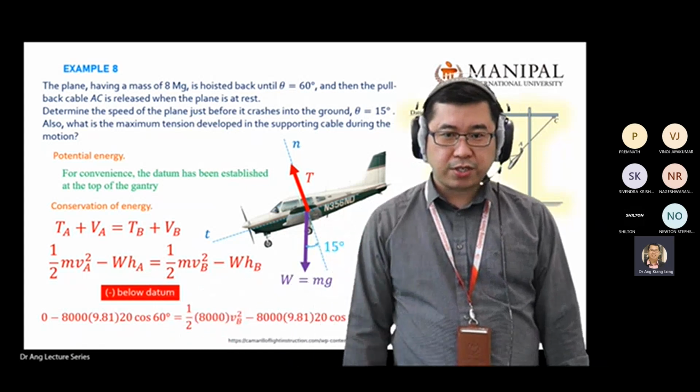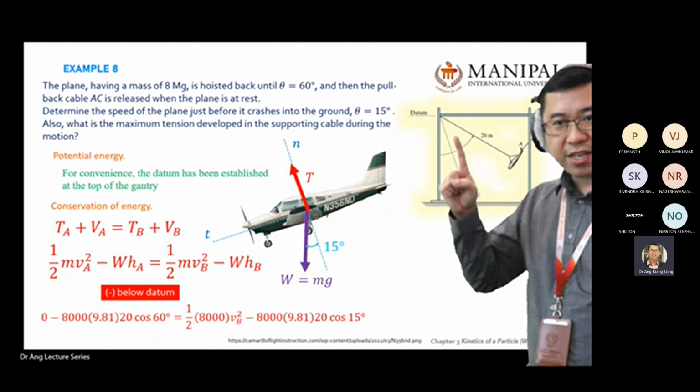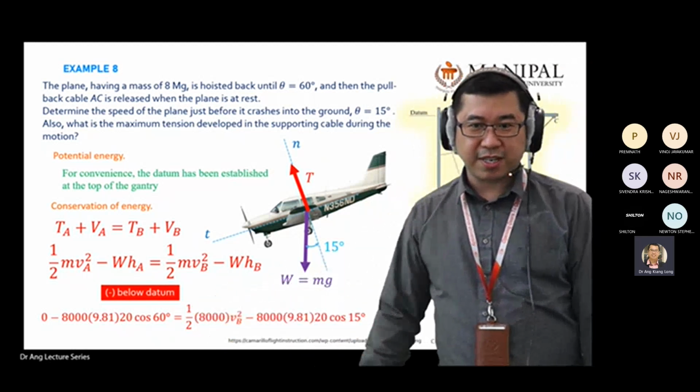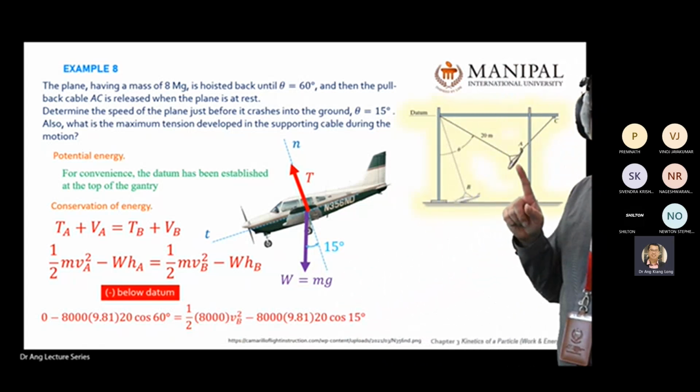What is the h? h is 20 cos 60. Okay, h_A is over here.